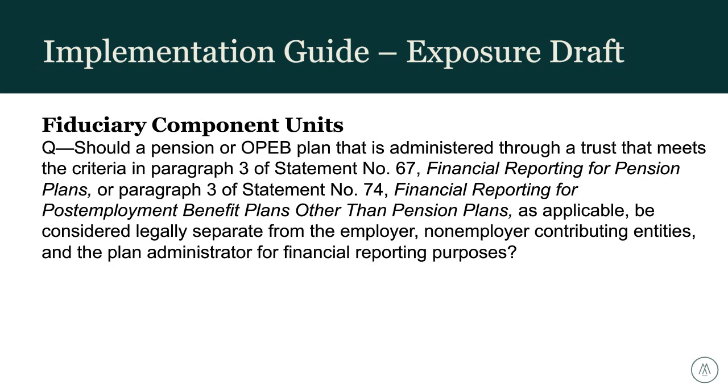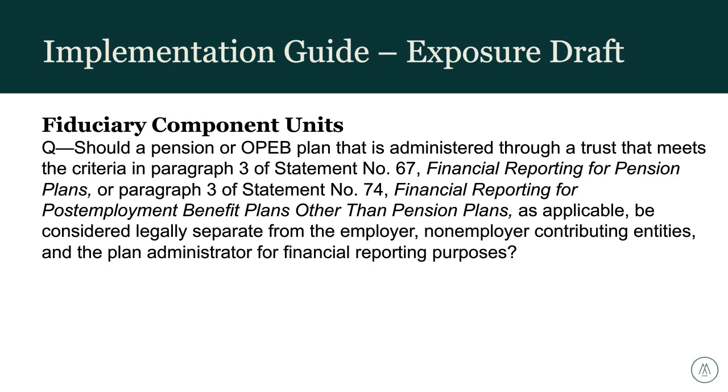So we're really expecting that final version to be issued any day now, but I think we need to issue the usual cautionary notice here that this is an exposure draft. While it's unlikely that the questions or answers in this exposure draft will change significantly, the numbering could change if they were to add something else or move something around in the draft before it's issued in final form.